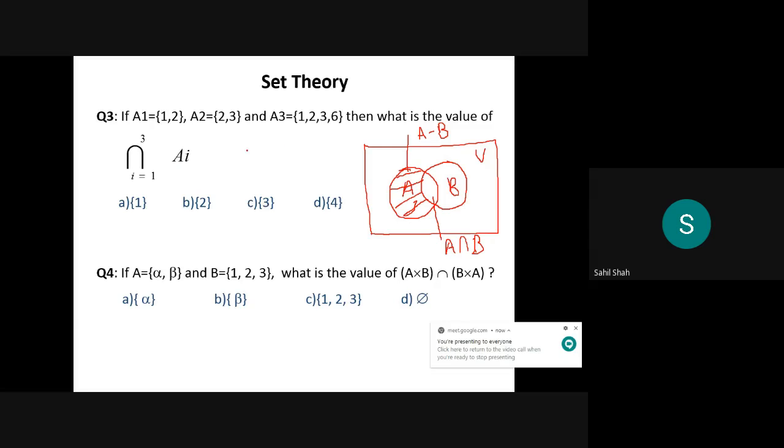A union B is equal to what? We have to write it in terms of difference. Think over it.